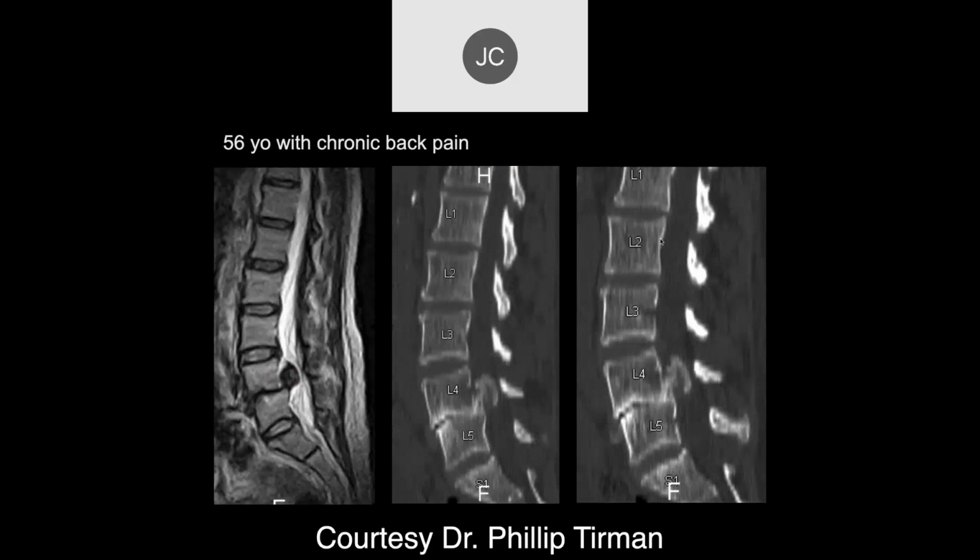Okay, Elior, what is going on here? On the left, an MR at L4-5 looks like this dark material, possibly from the disc space, protruding into the spinal canal. On the CT, it looks ossified.